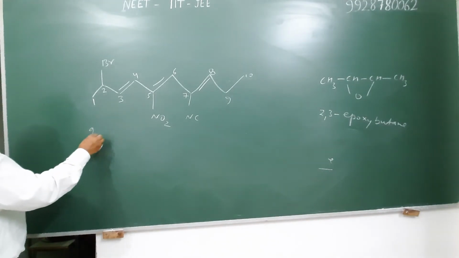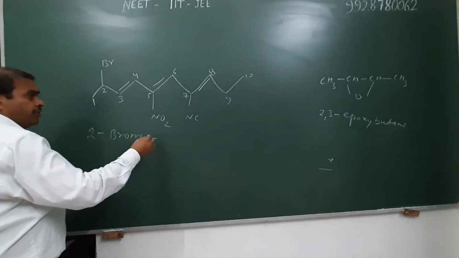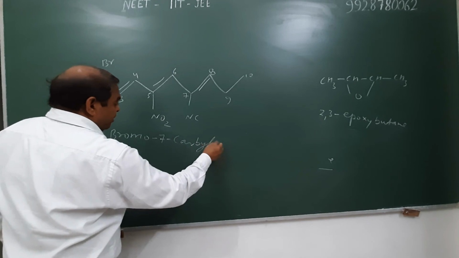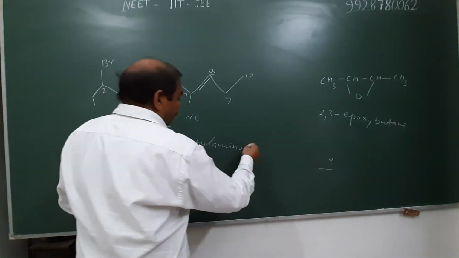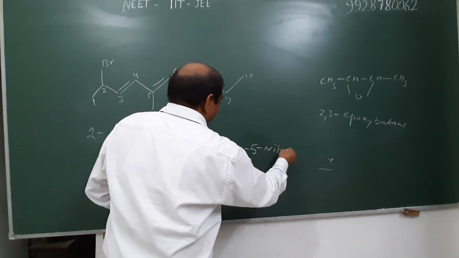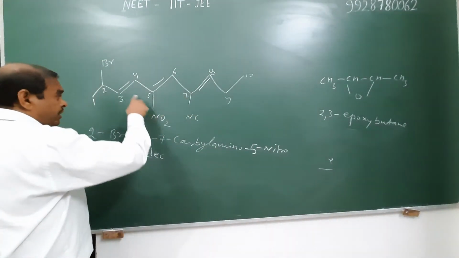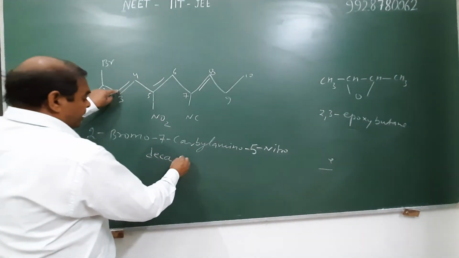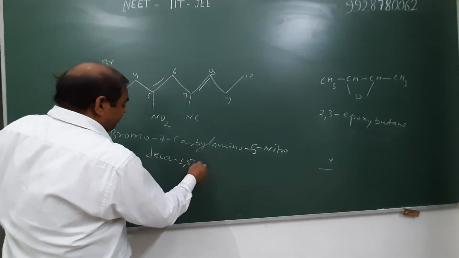Therefore, its IUPAC name is 2-bromo-7-carbylamino-5-nitro, and the root word for 10 is dec. As there is more than one double bond, we use deca, and their positions are 3, 5, and 7.